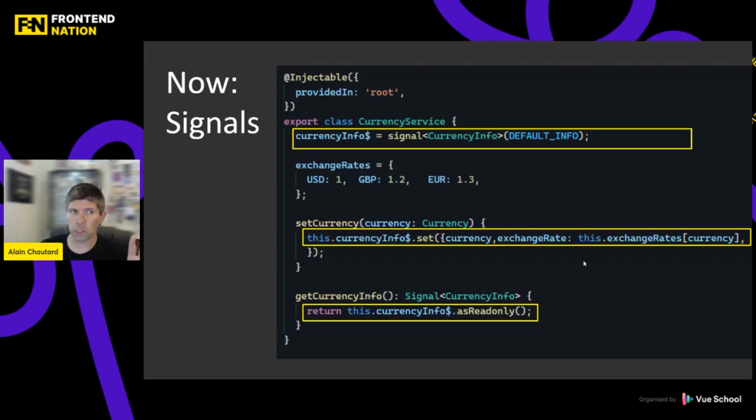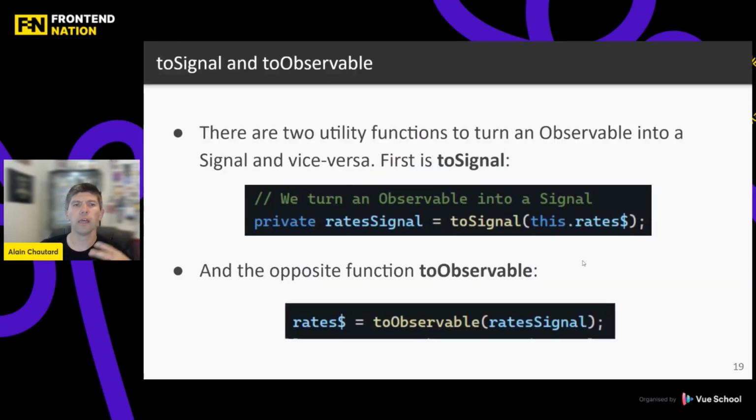Now, this was for subjects specifically. You're probably thinking, what about my HTTP request using the HTTP client? Well, if you want to convert those into signals, there's a toSignal function. A toSignal function takes any observable and turns it into a signal.